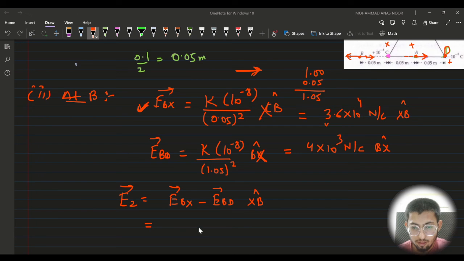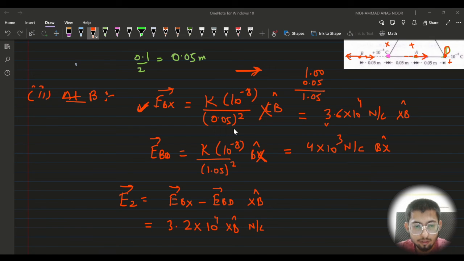You would get 3.2 into 10 to the power 4 Newton per Coulomb, correct? This is done.